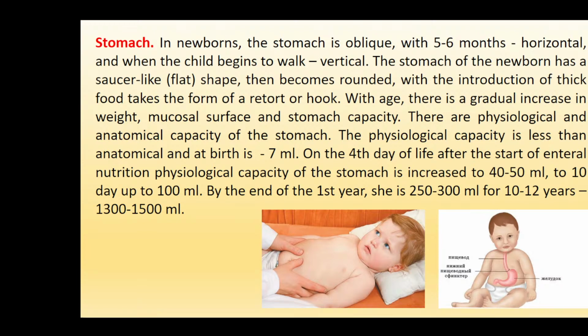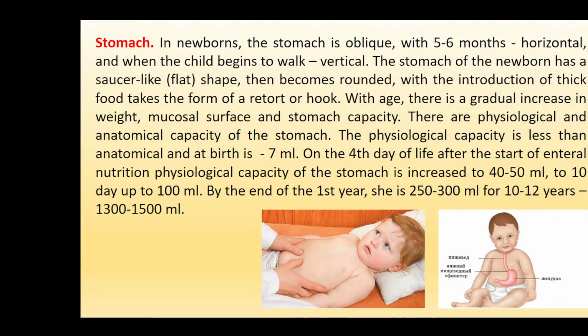With age, there is a gradual increase in weight, mucous surface and stomach capacity, the physiological and anatomical capacity of stomach. The physiological capacity is more important for our understanding, especially when we study the process of nutrition of baby in early age.